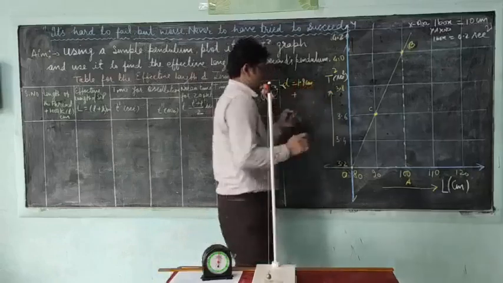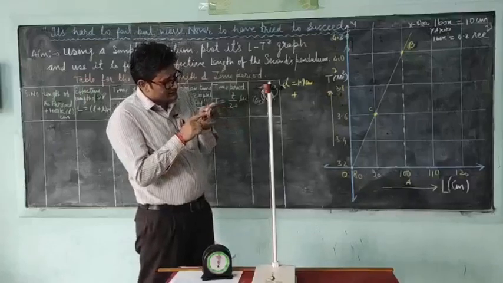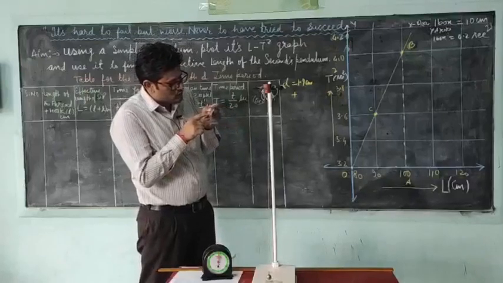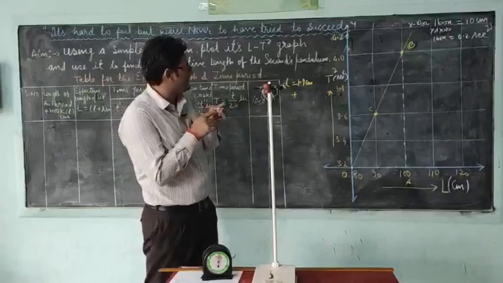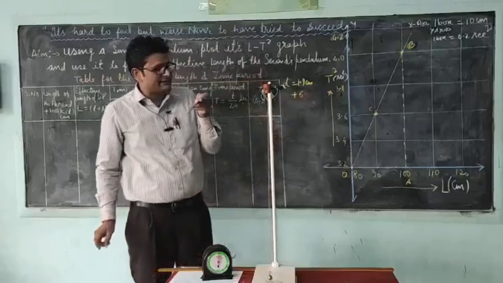Plus the vernier scale division: this is 1, 2, 3, 4, 5, 6. So the 6th division coincides with the main scale division.